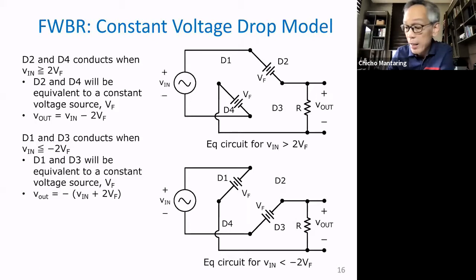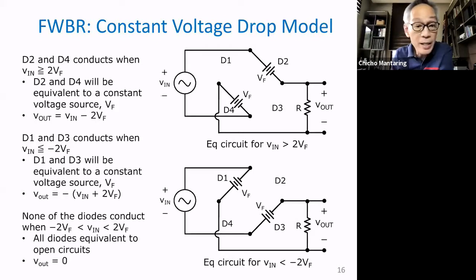Okay. And when Vin is greater than minus 2 V sub F and less than 2 V sub F, your diodes are equivalent to open circuits, or Vout is equal to 0.